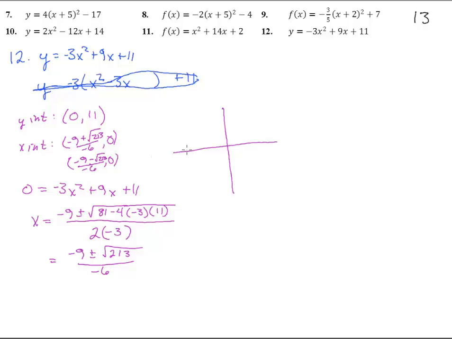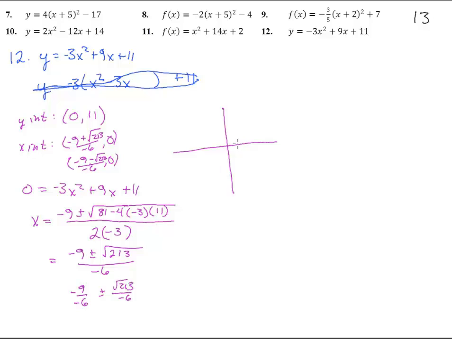So if you were to punch those two numbers in your calculator, you would get negative 9 over negative 6. Let's write it out just a little bit different. Negative 9 over negative 6 plus or minus square root of 213 over negative 6. This is 3/2.